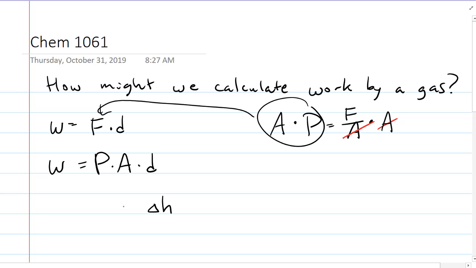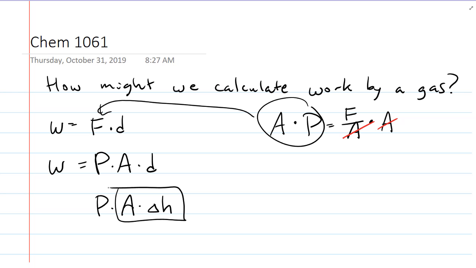The plunger has an area that remains constant, and it's the height of the cylinder that changes. Well, area times height, or area times distance, gives a three-dimensional value, which is volume.